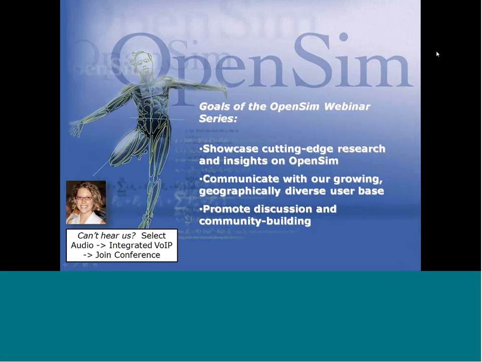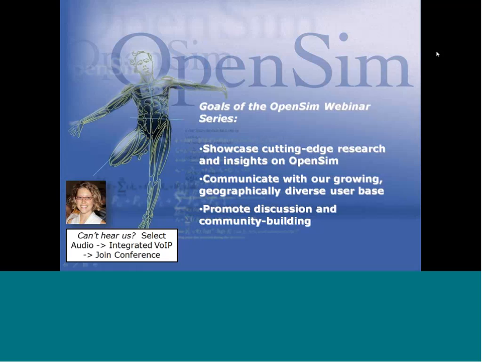Next slide, please. Before we get started, just a little bit of background. OpenSim is a freely available software application for visualizing musculoskeletal structures and simulating movements of humans and animals. OpenSim includes tools for general purpose inverse dynamics, optimization to estimate muscle and joint forces, methods that allow you to create simulations from motion capture data, and then tools that allow you to analyze and visualize the results of those simulations.